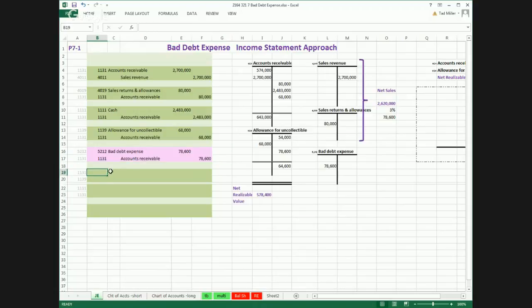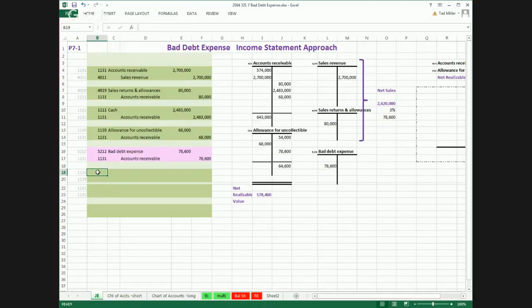Now, let's say that up here when we wrote off somebody's account, and we all agree that journal entry where we write off an account has no effect on net income, no effect on total current assets. But what if somebody pays us after we've written them off? So let's say somebody owed us $7,500.